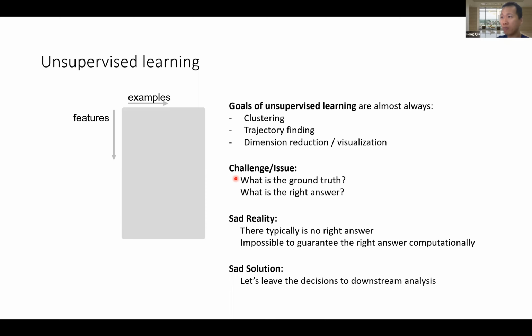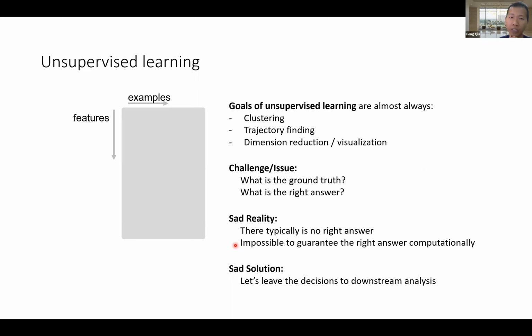So in clustering analysis and also the other two types, a ground truth is usually not well defined. And therefore, that's the sad reality: there typically isn't a ground truth that we can aim for, where if we get it, we get 100% right.